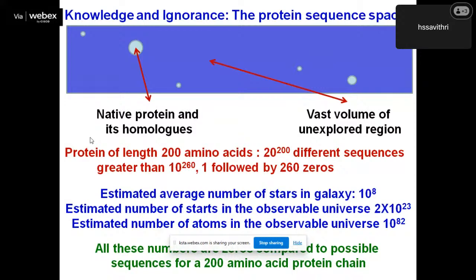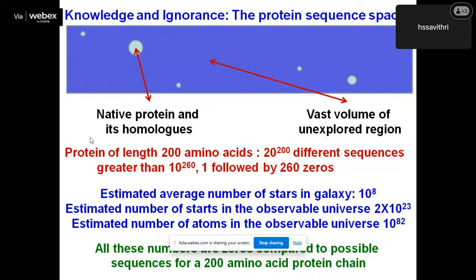Not 100, we will have billions of protein molecules. But if you ask how many kinds of proteins are there in our body, it would be about 100,000. Out of the 10 power 260 proteins, some 100,000 are in our body. If you take all living organisms, maybe a billion proteins may be present in our biosphere. That is almost zero compared to the number of proteins that are possible in the universe.